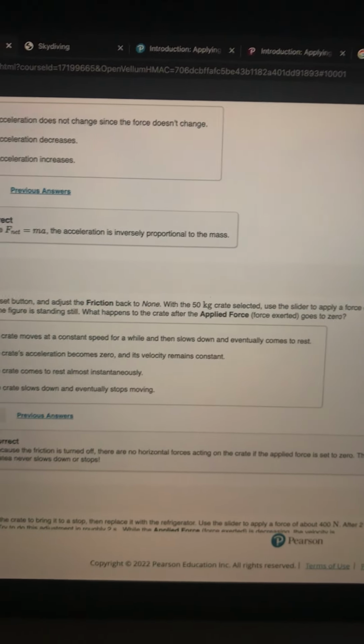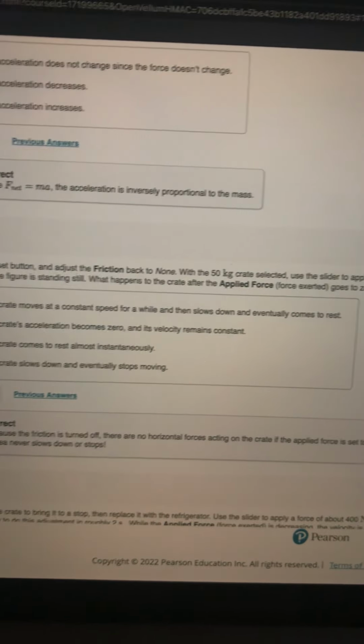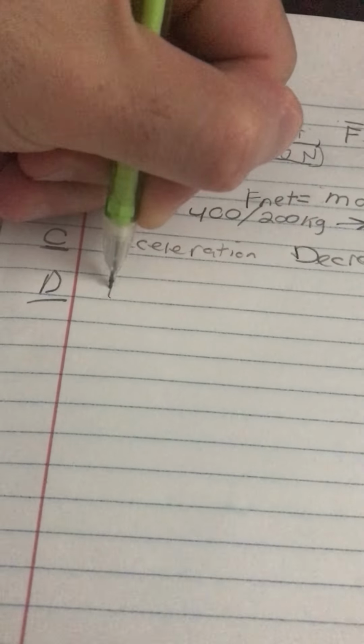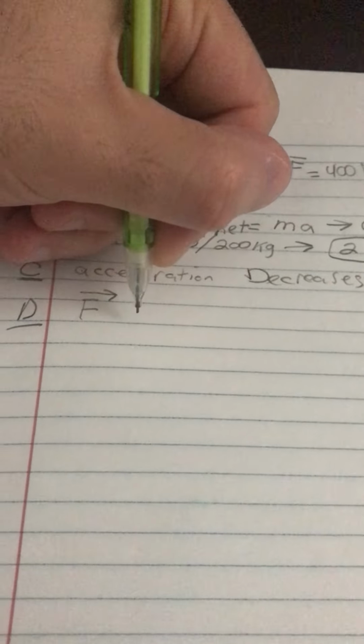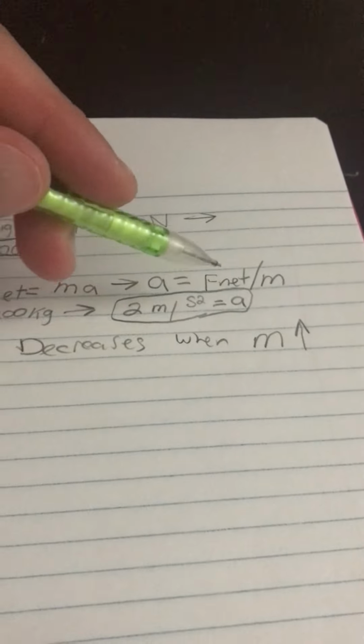So you have a crate and you have a force pushing it to the right.